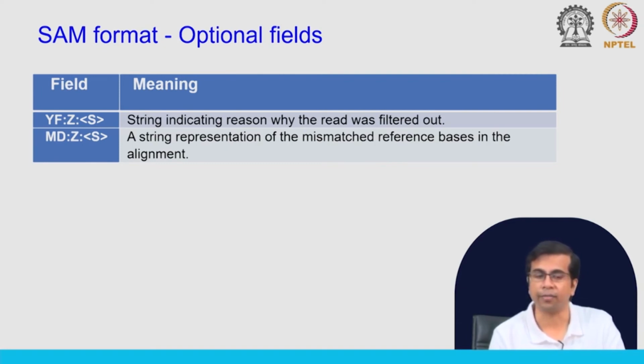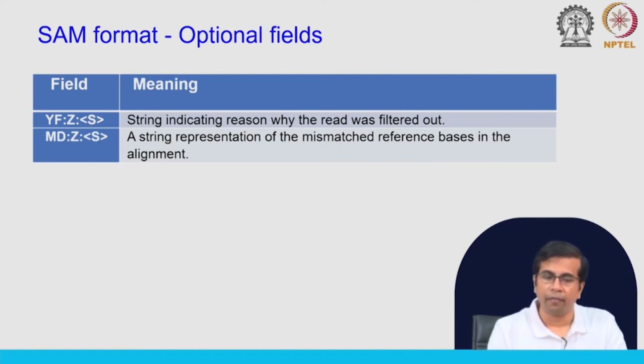So, Z means string, and this will be alphanumeric. MD:Z will be a string representation of the mismatched reference bases in the alignment. So, what are the changes that you see will be given in this MD:Z.